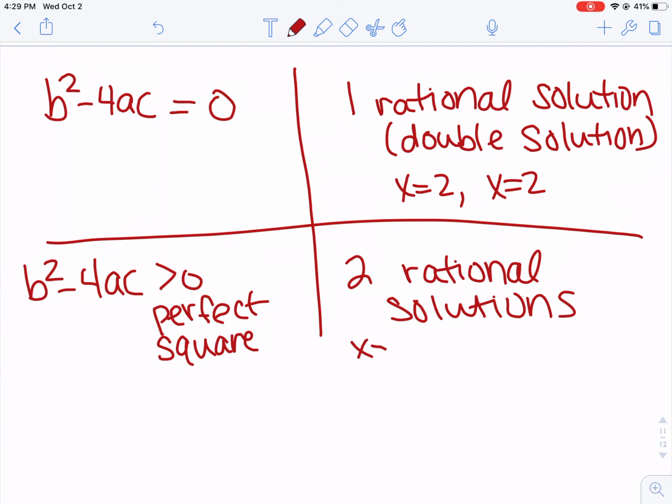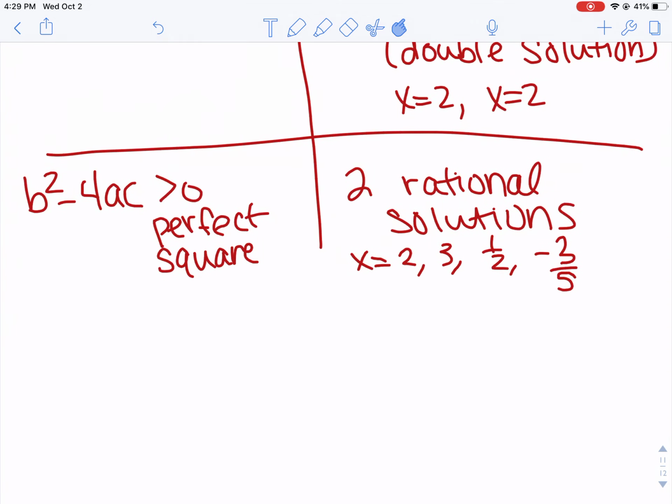So x equals 2, 3, 1/2, negative 3 over 5. Okay, it could be a fraction. That's still a rational. Whole numbers are rationals, but it's just a regular old answer, okay?